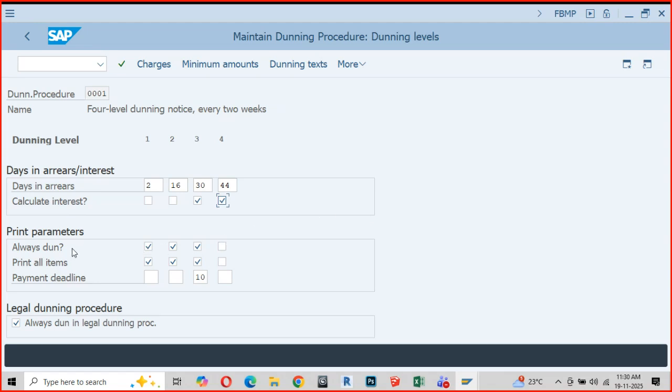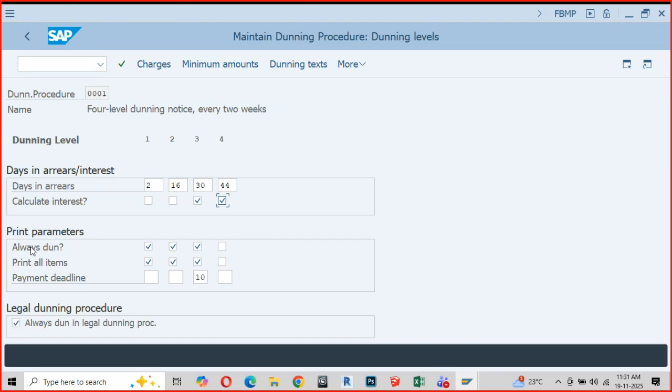Always dun. You see the checkbox. All right. Now, what does this always dun mean? On the first day, I send out the first reminder. After the expiry of 14 days, 14 plus 2 in this case, and what is that 2? The line item grace period.